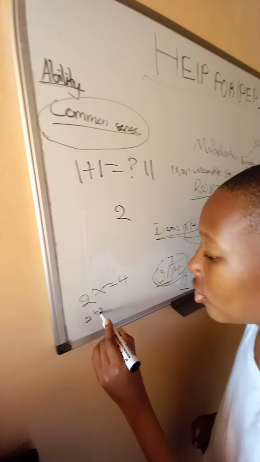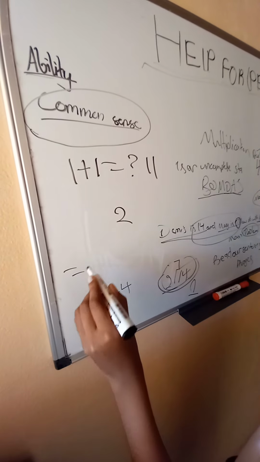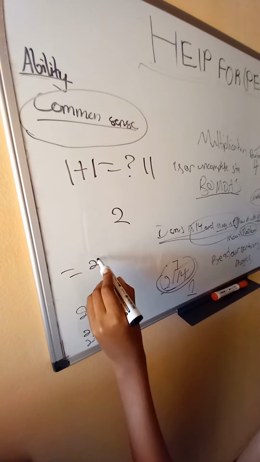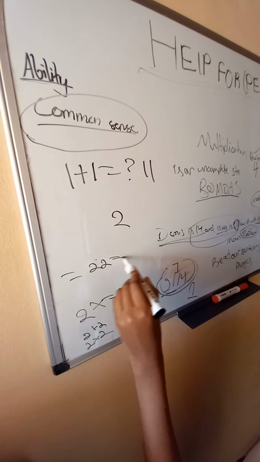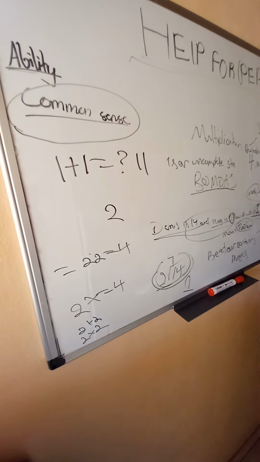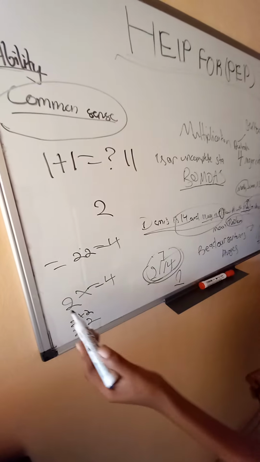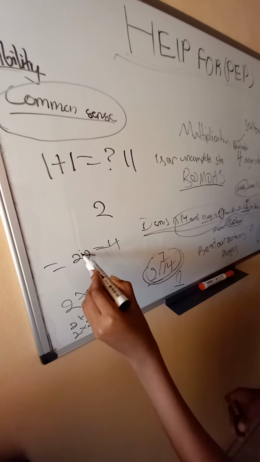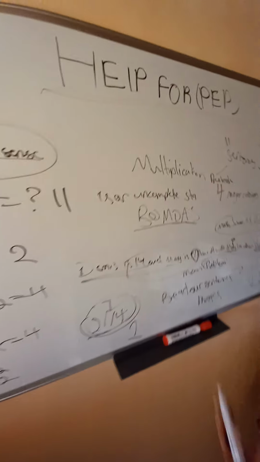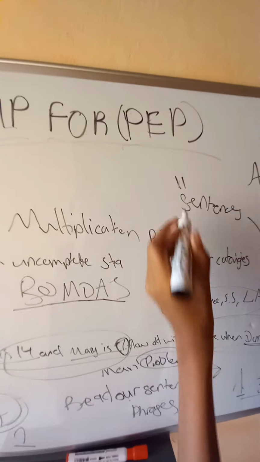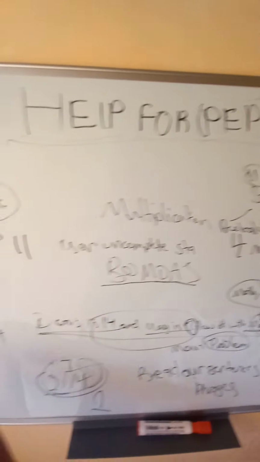So 2 plus 2 is 4 and 2 times 2 is 4. So now the answer will be 2. Many of you might think 2x equals 4 is 22, but it's actually 2. Once a number is close to another, it represents multiplication. For instance, you have 11. It's not multiplying. It's just a 2-digit number. So you have to know the difference.